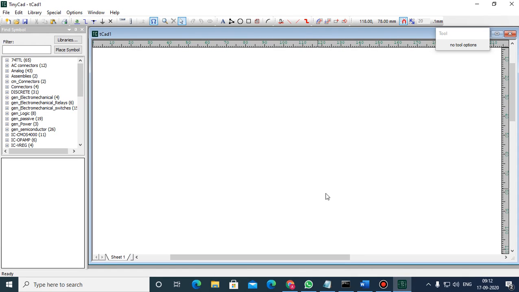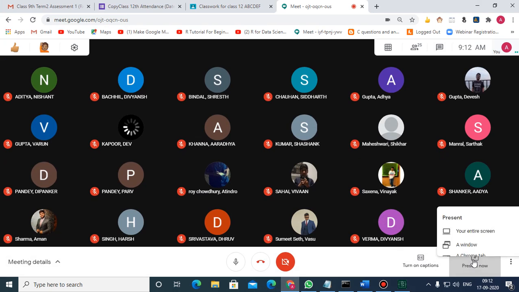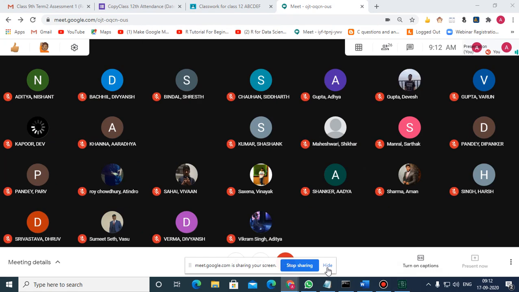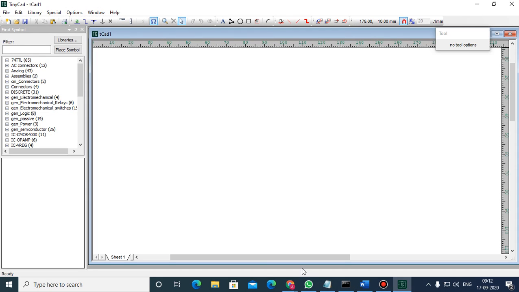So here now, first of all, I'm just going to show you how you can design a multiplexer. First of all, I would like to show you the truth table. These are the lines for the input.